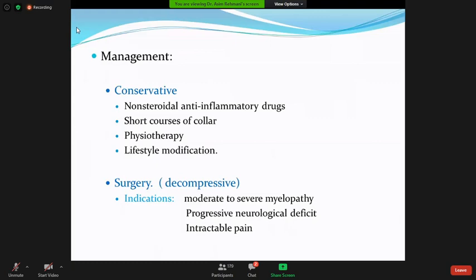That is, we have been providing conservative management to the patient, but the patient is having progressive neurological deficits. This is the indication for surgery. Or if the patient is having intractable pain which is not controlled by any medical treatment. So these are the main three surgical indications.